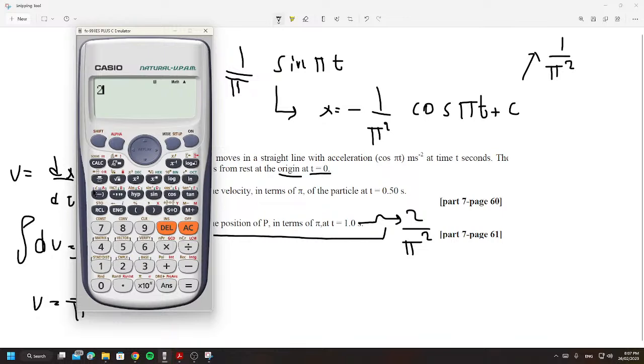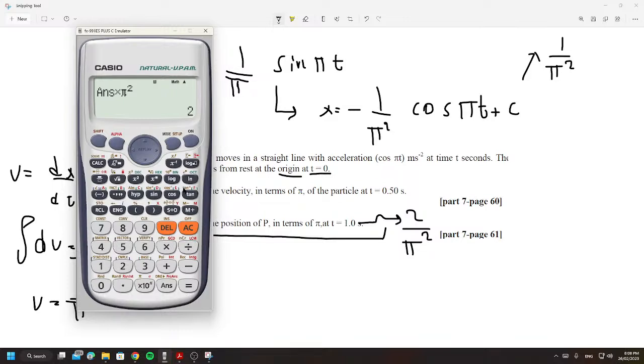Let's just see, 2 divided by pi squared. But wait, we got that answer when we multiplied by 1 over pi squared. So yeah, we're supposed to multiply by 1 over pi squared. I don't know why I moved it here. And we got 0.20, but then we're supposed to do it in terms of pi, so we just multiply by pi squared again. We should get 2, yeah.